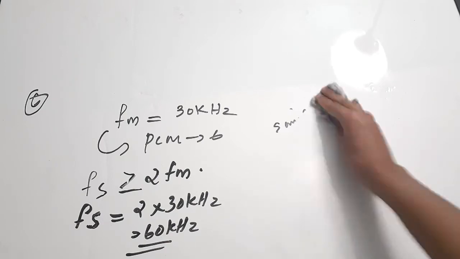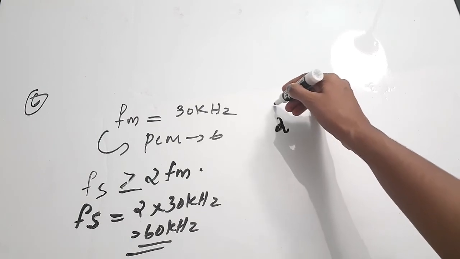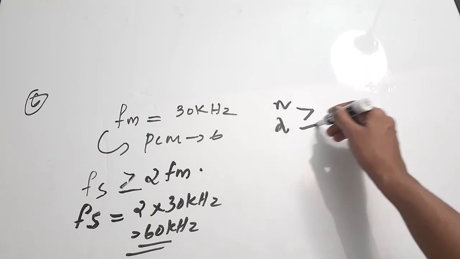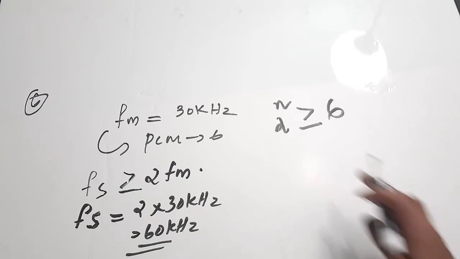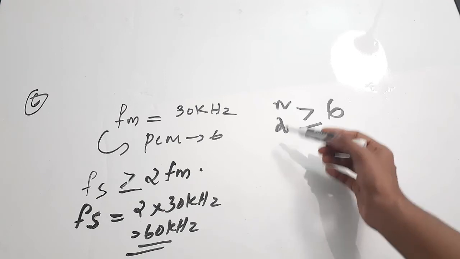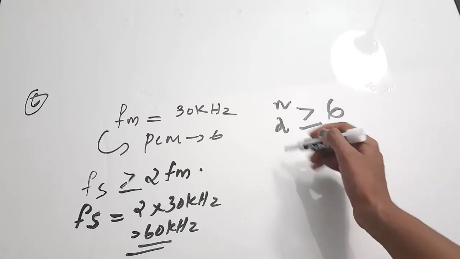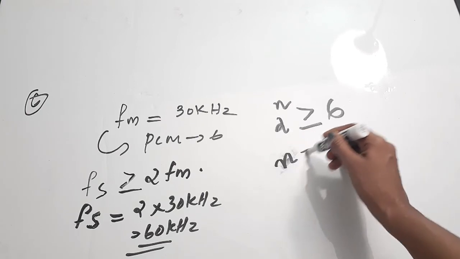In order to perform quantizing, we have to perform 6-level quantizing. And we know that for quantizing, 2 raised to n is greater than or equal to 6. It is a 6-level PCM, and here n is the number of bits. 2 raised to n greater than or equal to 6, so n will be equal to 3.